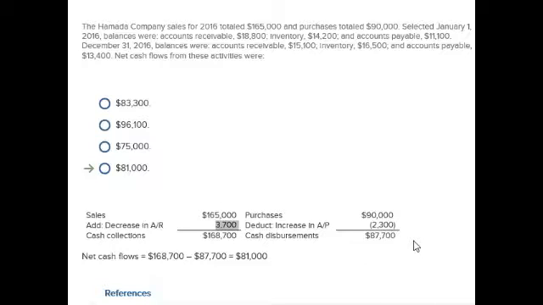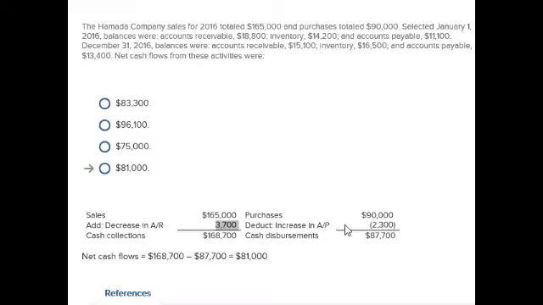How about accounts payable? When we think about AP, what does it mean to say we have an AP balance? AP balance shows how much I owe to my supplier. So if my AP balance goes up, an increase in AP, what does that mean? That means I did not pay my suppliers, right?